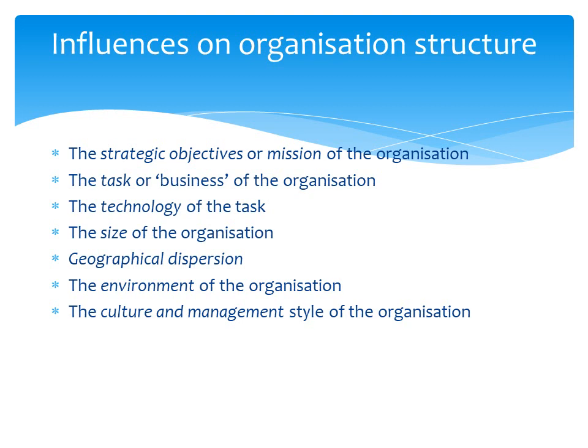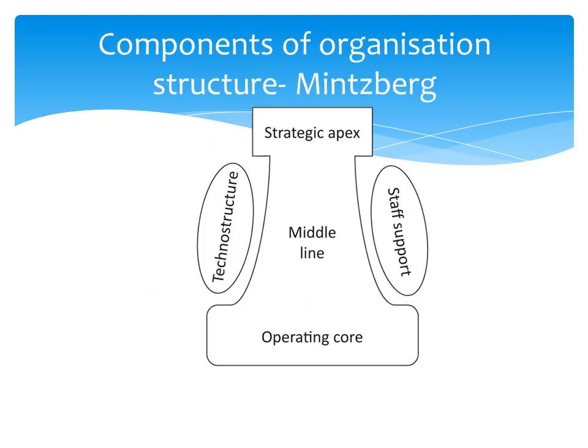The environment and the culture. I've worked at companies with very strange cultures, and those have been the more traditional companies where the owner has formed the business and it's run by people who are probably descendants of the owner, and you get some very strange culture. So everything affects structure. Objectives, tasks, technology, fairly straightforward.